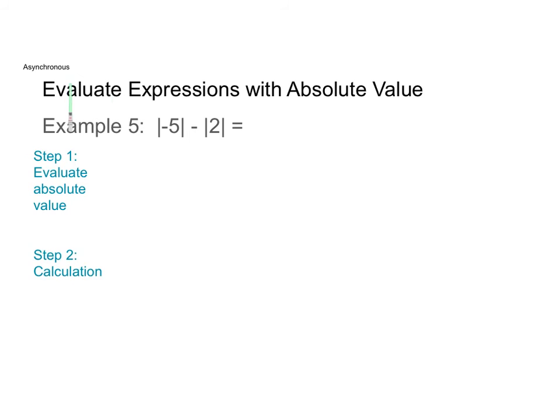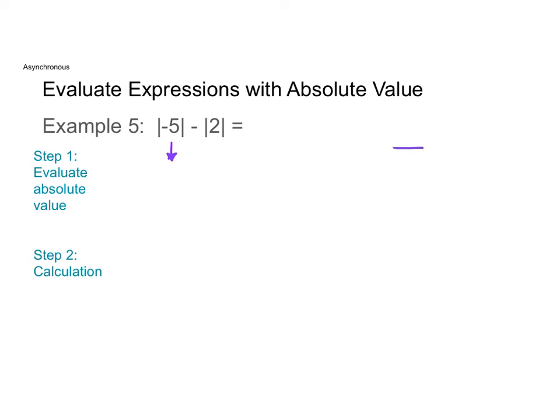Now we're going to evaluate or solve, basically, expressions with absolute value. Okay, so this is example 5 from your book. This is the absolute value of -5 minus the absolute value of 2. All right, so the first step is to evaluate absolute value. Okay, so that means that I need to figure out what is the absolute value of -5.